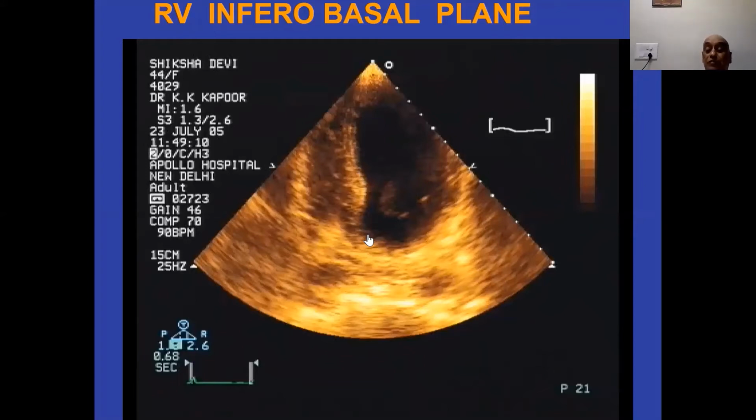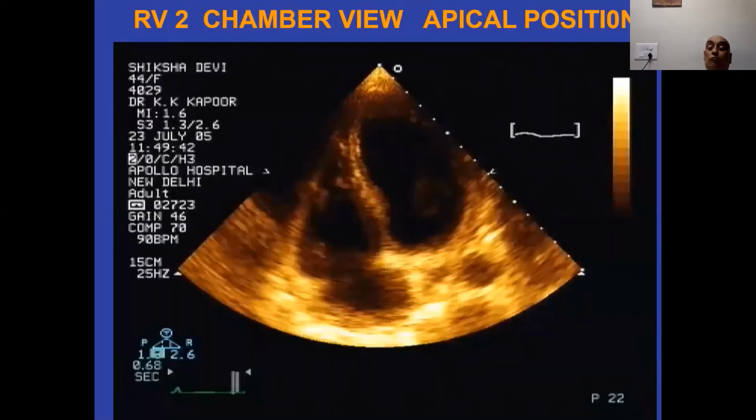Now from this biventricular view, we go on to what we previously used to call the apical two-chamber view of the right ventricle. We are now calling it the focused four-chamber view of the right ventricle.